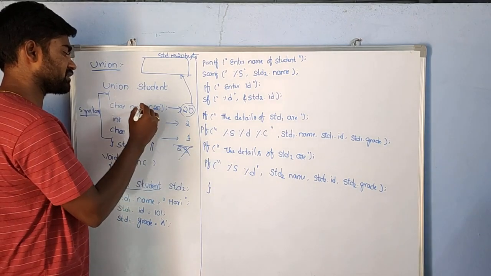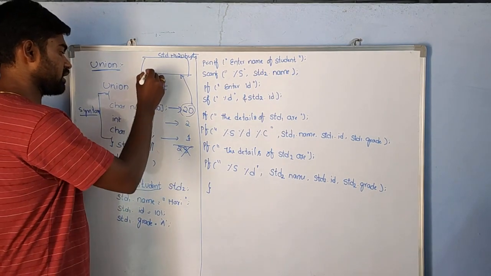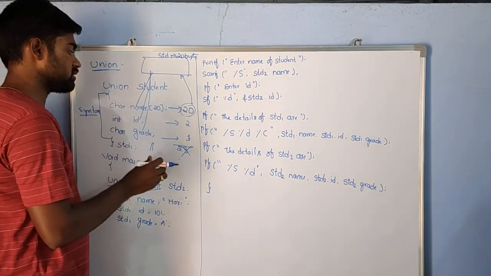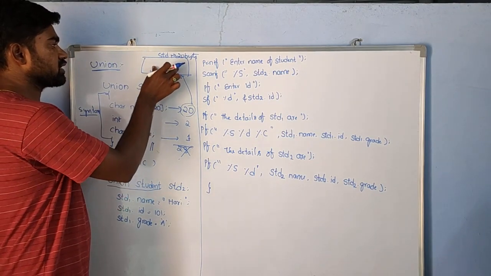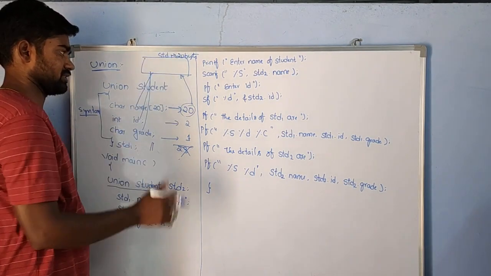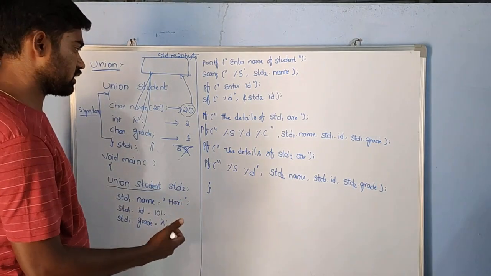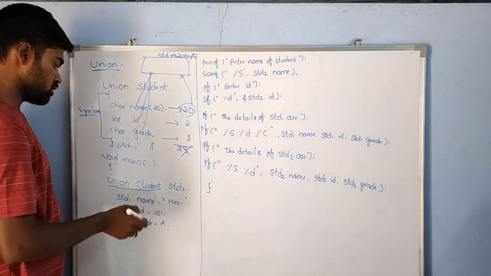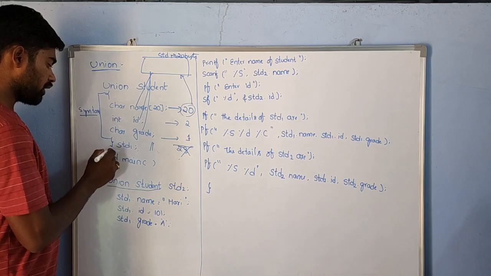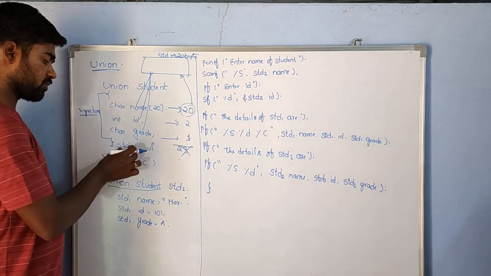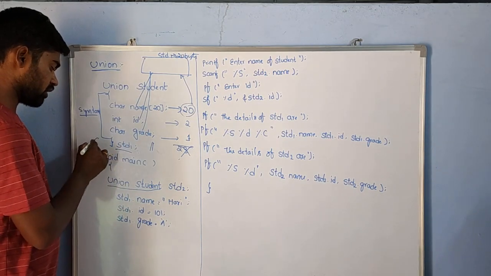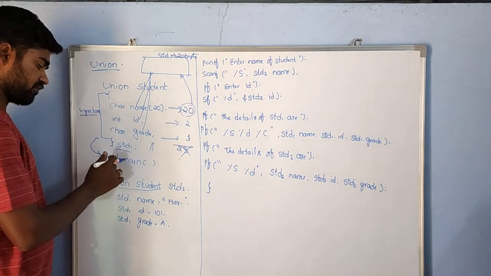This 20 bytes can be used to access name, ID and grade. Means these three variables can share this 20 bytes of memory allocation. Let me see it in the code coming next. After allocating the memory for std1, the program execution starts from the main function.